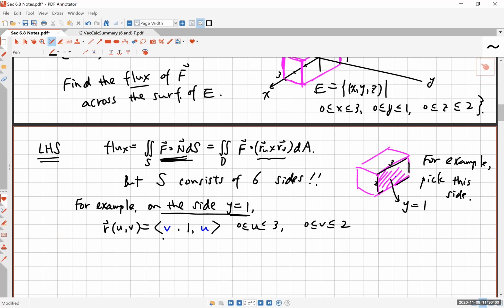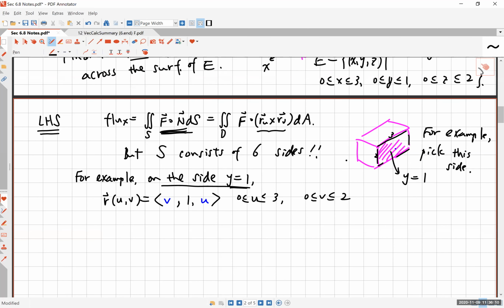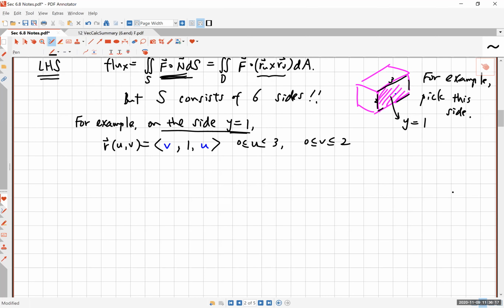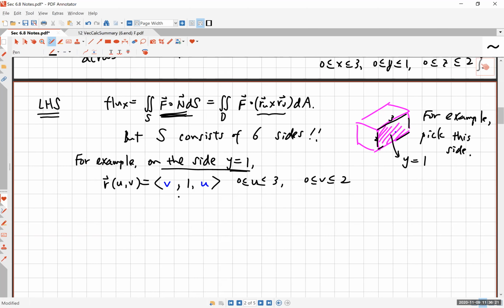r(u, v) is (v, 1, u). Now, you probably are asking, why didn't I put (u, 1, v)? Well, it doesn't matter, right? The reason I want to do this is because I want my cross product to come out in the right orientation. So let me explain what I mean by this. By switching what is traditionally (u, 1, v) to (v, 1, u), my r_u will be (0, 0, 1).